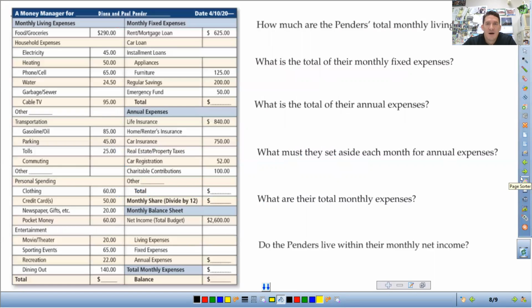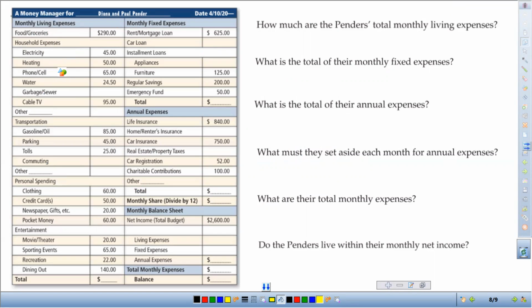So we have a budget sheet from the Penders, and we're going to look at what they have. So we can see over here the monthly living expenses, things that are variable. They're not going to spend the same exact amount each month. So food, groceries, heating, their phone, water, cable.